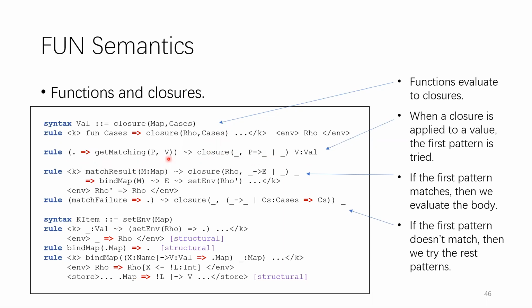We'll try to match P with V, and there are two results. If we succeed, we get this match result, holding the solution, and we bind that solution to the environment, and we evaluate E in that new environment, and after that we set the environment back to the original environment.